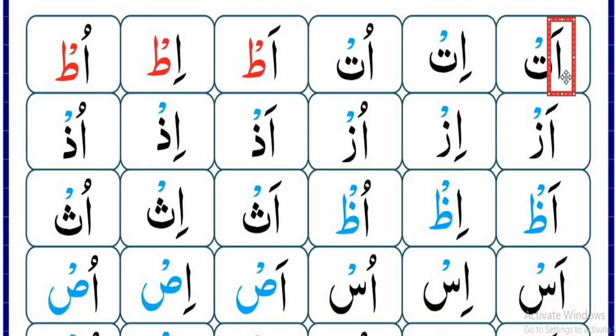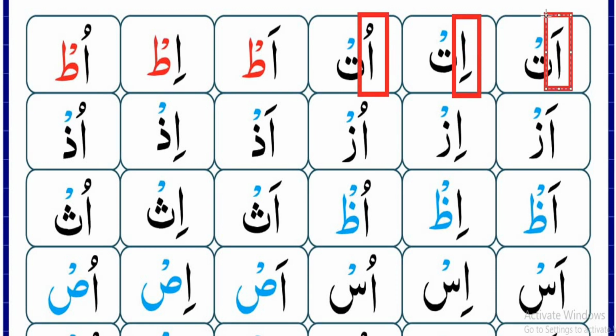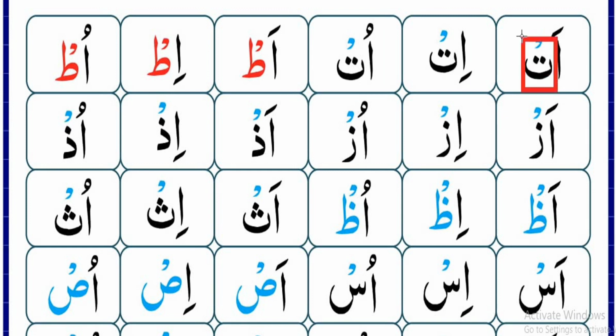Here again, this one has the sign Kasra under it, and that is also a Mutaharrika letter. And this one has Dhamma on it, and it is also a Mutaharrika letter. So it doesn't matter whether the sign is Fatha, Dhamma or Kasra. All the three letters are Mutaharrika letters. But the second letter in all these words is Sakin.